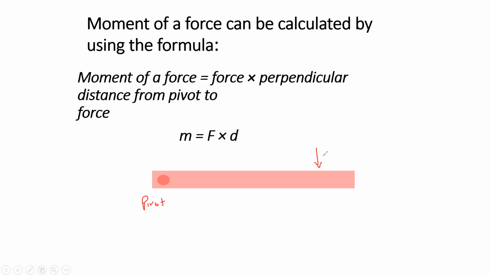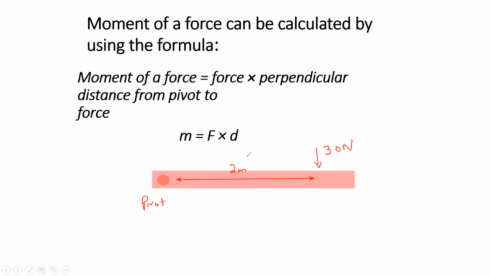You apply a force of 30 Newton on the object, at a distance of 2 meters from the pivot.